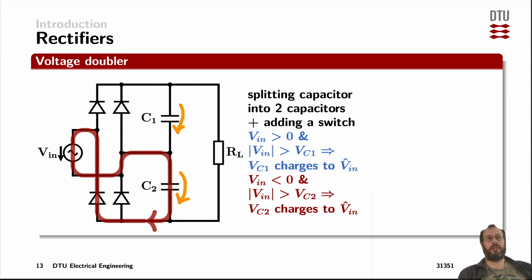So the US example would be 110 volts here at the input, and that's RMS. So we would charge the upper capacitor here to 155 volts. And so we would do with the lower one. That means the total voltage across the resistor here would be 2 times the 155, and that's 310 volts.